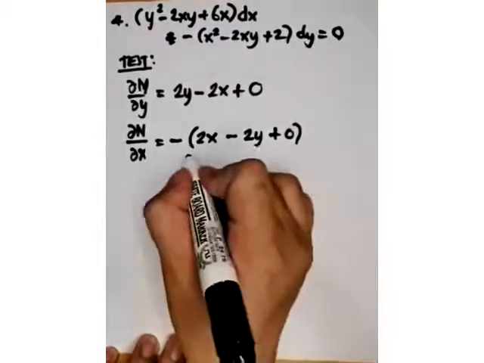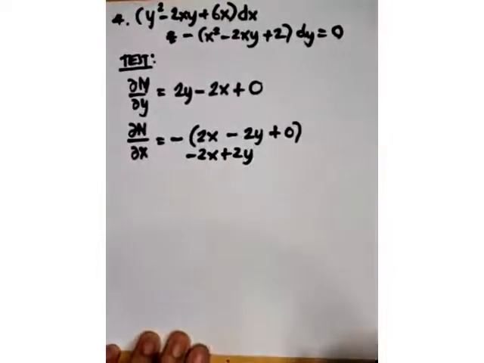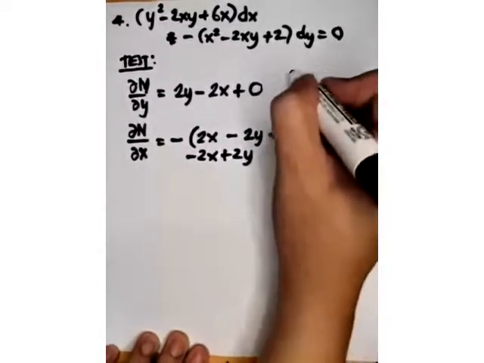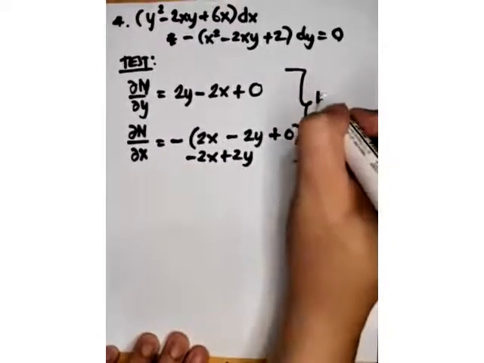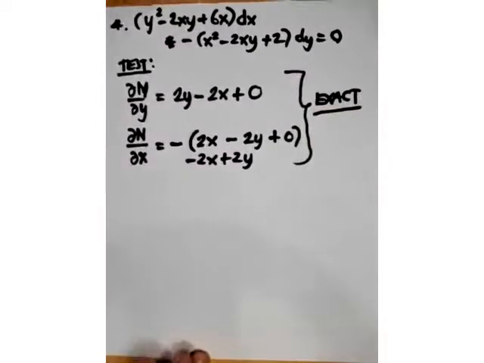Or this is negative 2x plus 2y. Is it exact? Yes. So therefore, the equation is exact.